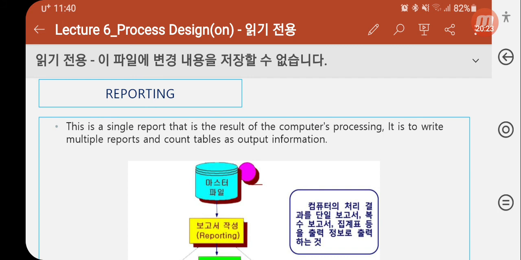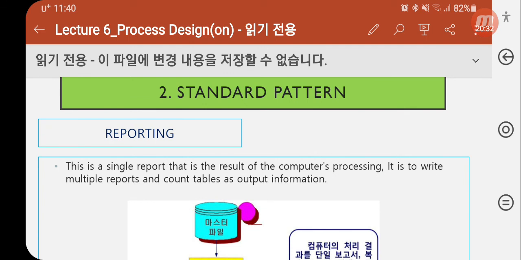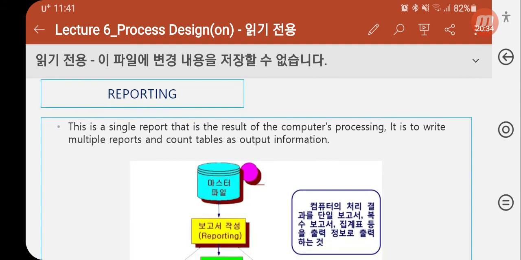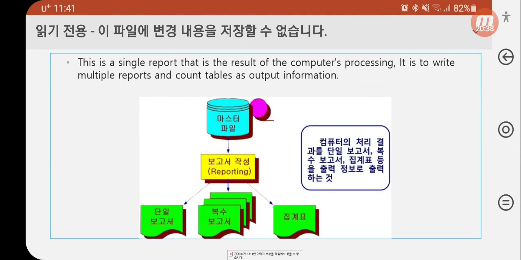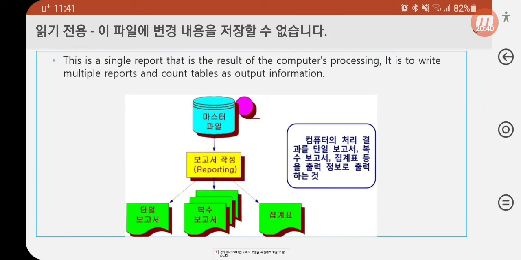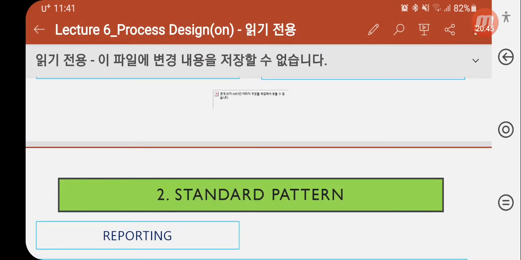It is to write multiple reports and count tables as output information. Master file, write a report, and a single report, multiple report, and count tables.